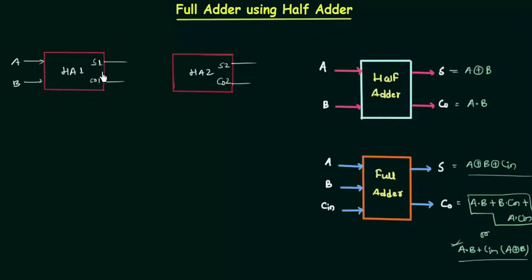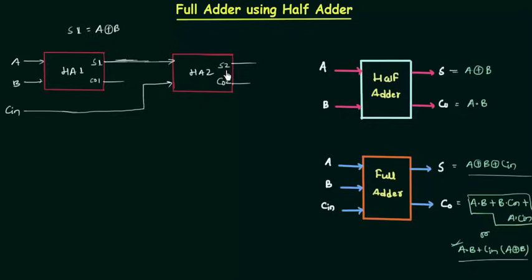If I talk about the output of the first half adder, that is S1, it is equal to A XOR B, right? And we want A XOR B XOR Cin. So we have to introduce another input, that is Cin, but we cannot give Cin to this half adder because we cannot accept carry from the previous sum, but we can definitely give Cin to this half adder as one of the inputs, and I will use the output of the first half adder as the second input to this half adder number 2.